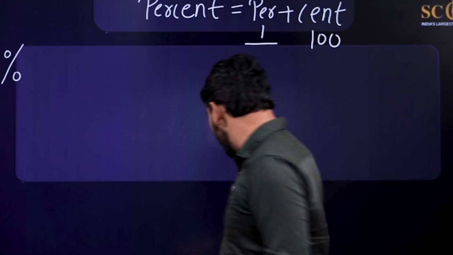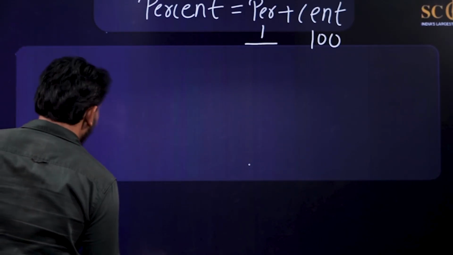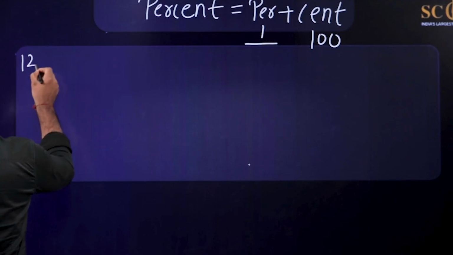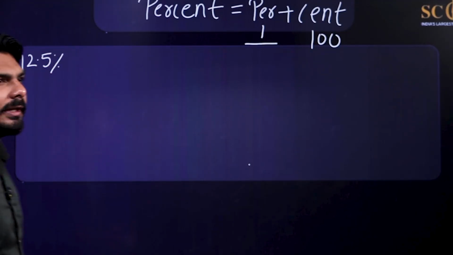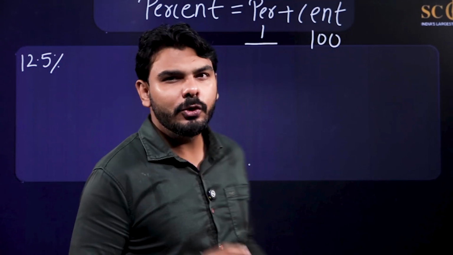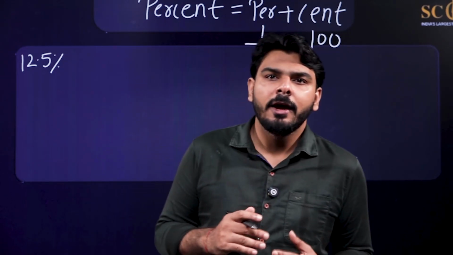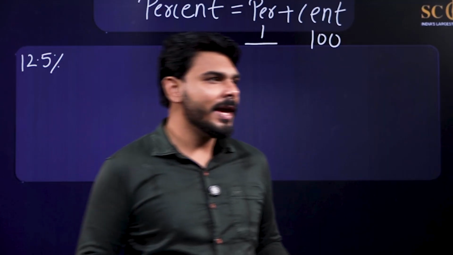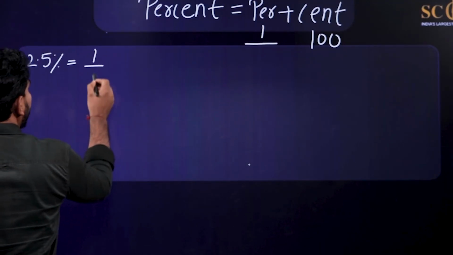Like, what is 12.5% equal to? If you know the answer, you can tell me in the comment box. I will see whether you're getting the correct answer or not. So 12.5% is equal to 1 by 8.